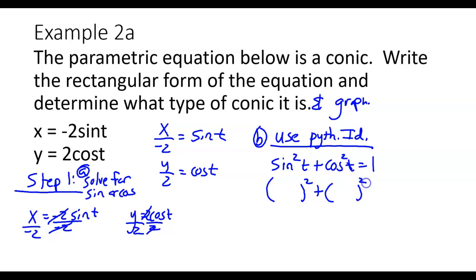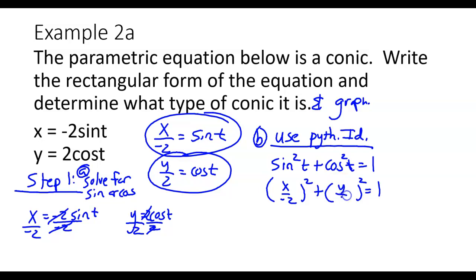And what does cosine equal? We'll just plug them in. Sine is equal to x over -2. Cosine is equal to y over 2. And now we square them. So I have x squared over 4 plus y squared over 4 equals 1.